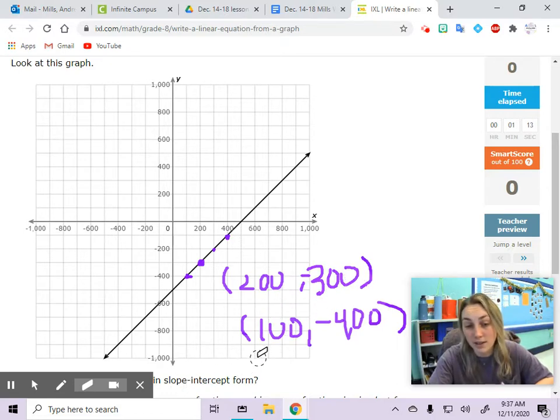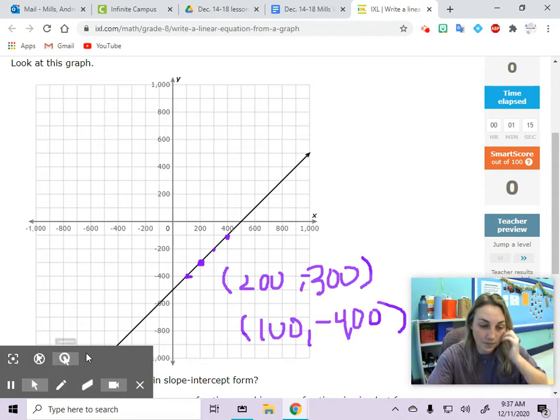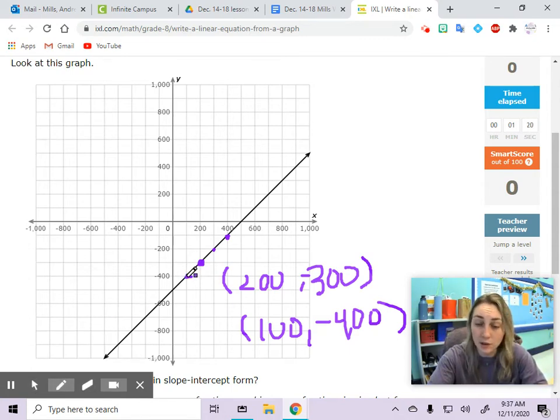All right, another way to find the slope is to pick those 2 points, and slope is rise over run, so our numerator is going to be how much we rose and our denominator is going to be how much we ran. Our numerator here is from negative 400 to negative 300, so we rose 100, and then we ran from 100 to 200, which is 100.